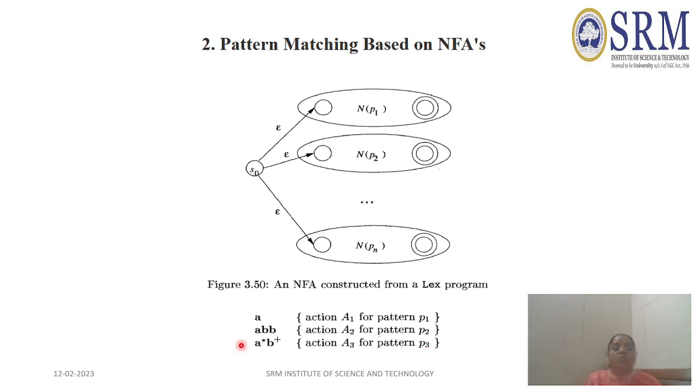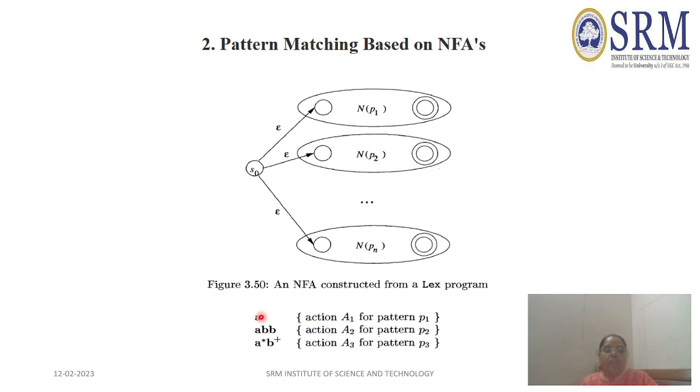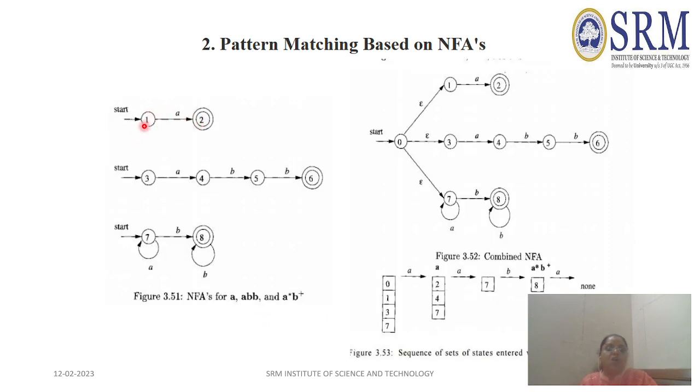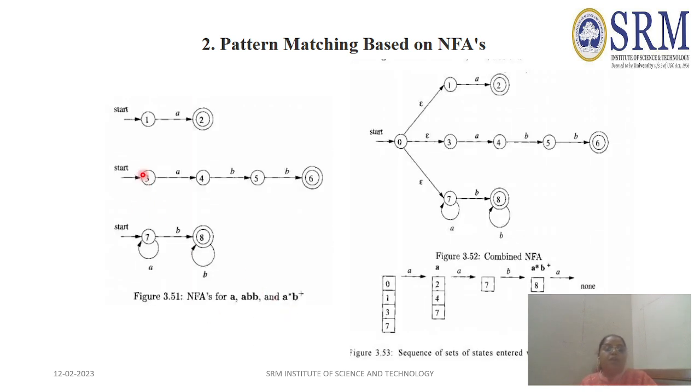Now how to draw the NFA diagram for this? Simply for a, it is a simple statement. For this action 1, a, it is a simple statement. From one state to the second state, it will move on with the input symbol a. And the second one is abb. For abb, similar to that, I have drawn it here.